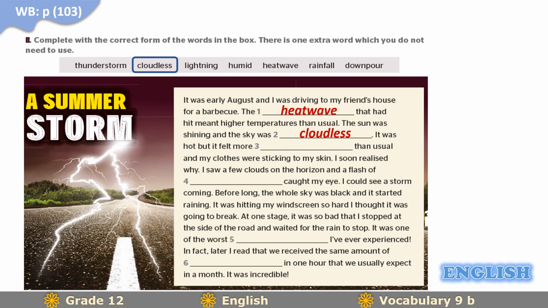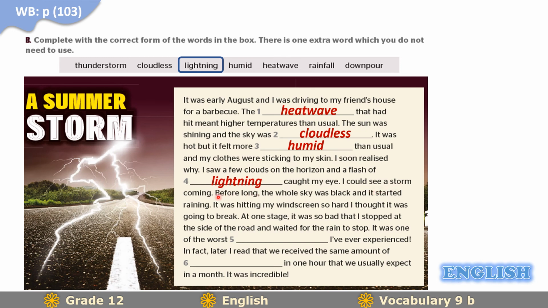It felt more what? It felt more humid. Very good. And my clothes were sticking to my skin. I soon realized why. I saw a few clouds on the horizon and a flash of what? Flash of lightning. Very good. And the flash of lightning caught my eye.